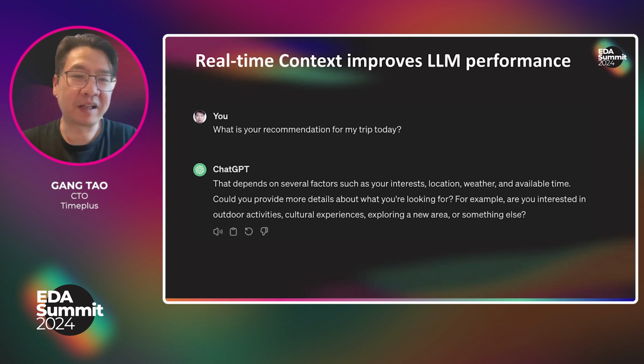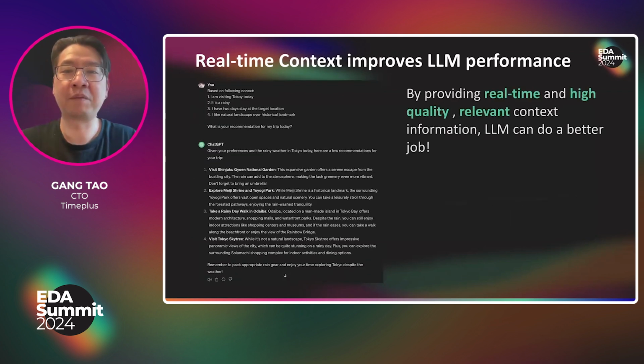I asked, what's the recommendation for my trip today? Unfortunately, there's no good way to answer this question because there's a lack of real-time context. For example, ChatGPT asked me what my interests are, what my location is, what the weather is, and my available time. Actually, these are the real-time context.